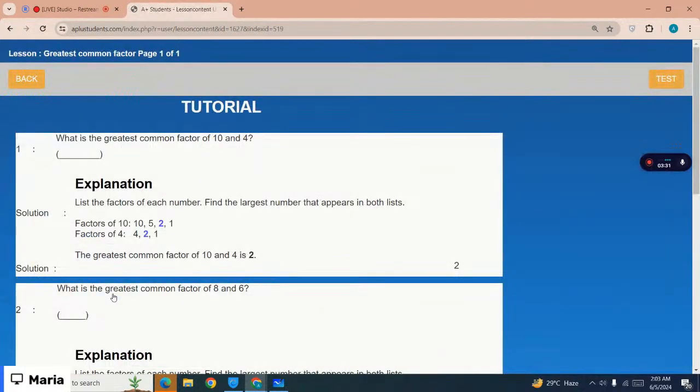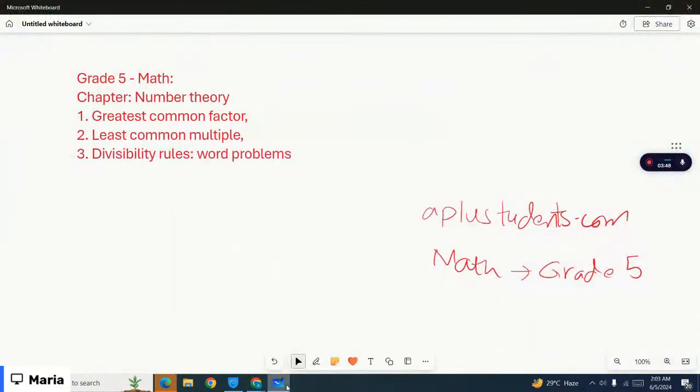What is the greatest common factor of 10 and 4? You have to write down the factors first. Factors are the numbers that when multiplied make a specific number. For example, to make 4: 1 times 4 is 4 and 2 times 2 is 4. So 1, 4 and 2 are the factors of 4.